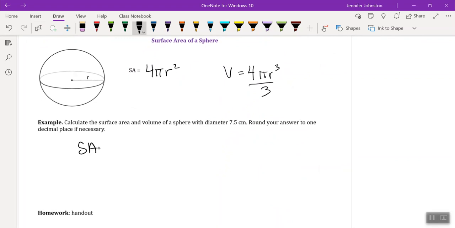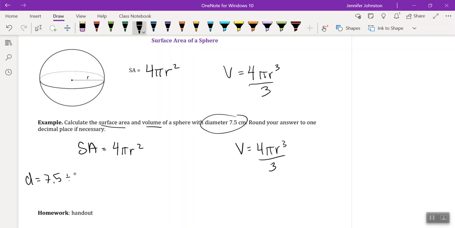We want to find the surface area and the volume, so let's write down their formulas. Oh, a diameter. What do we have to do when we see a diameter? We have to chop it in half, divide it by 2. All right, so we have 7.5 divided by 2.